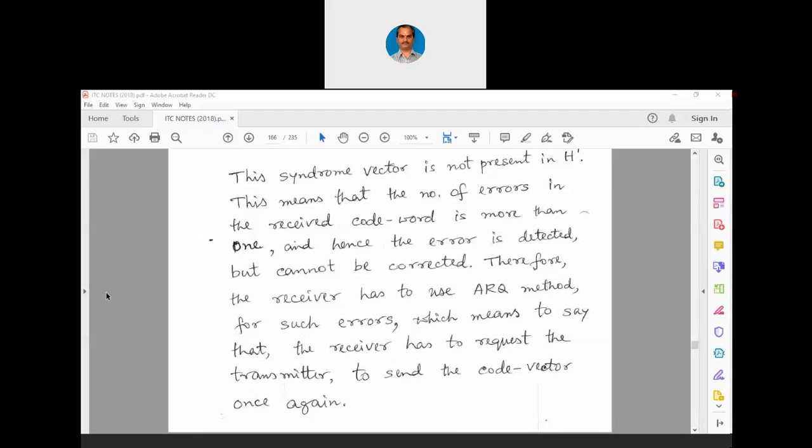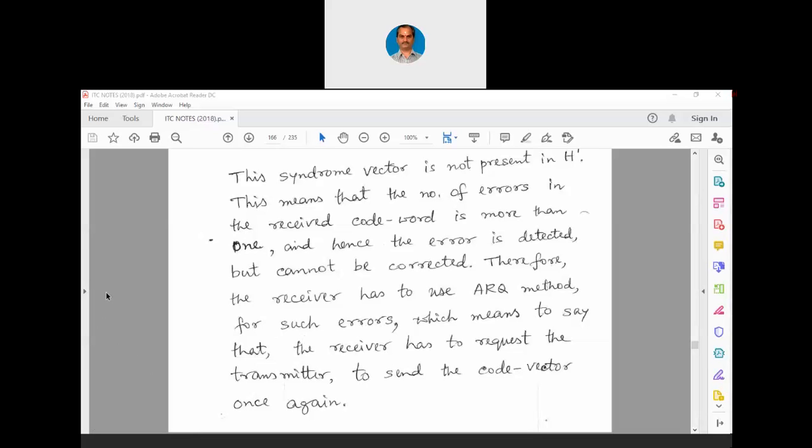Whichever syndrome vector is available at the receiver, if it is not present in the transpose of the Hamming matrix, then the receiver will ask the transmitter to send the data once again only for those received vectors. Please understand this. Only for those received vectors for which it is unable to correct the error, it is going to ask the transmitter to send it back.